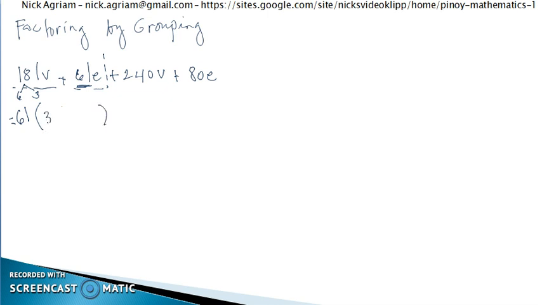Then we have 3V plus E. And in this one you have 8O, and we have 8O, and we have 3V plus E. Last time when I discussed factoring general trinomials, I already introduced this sort of grouping.